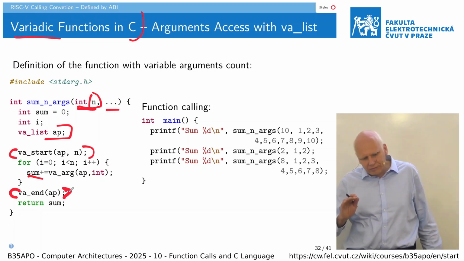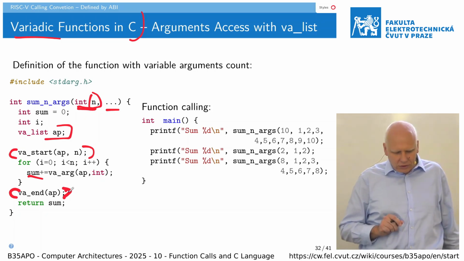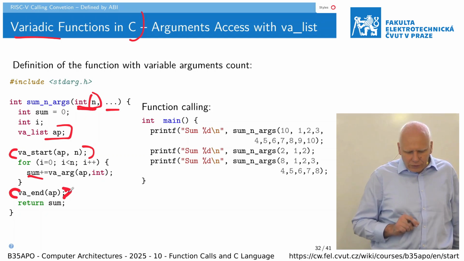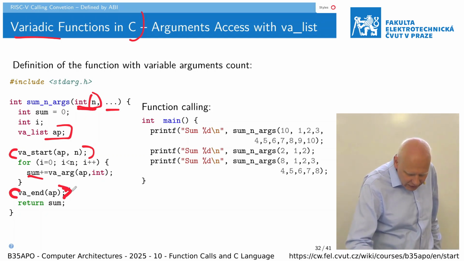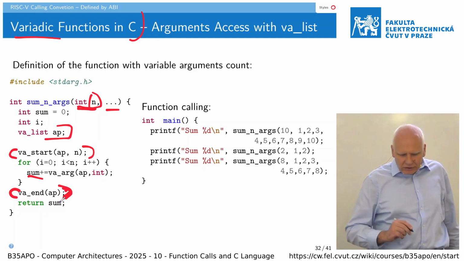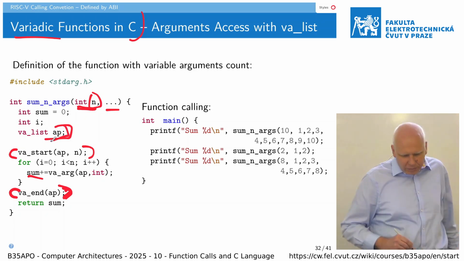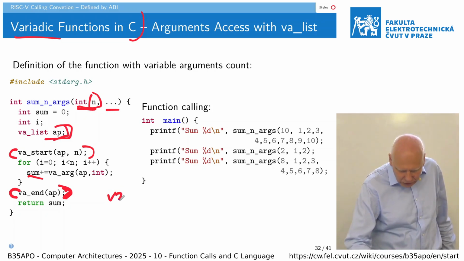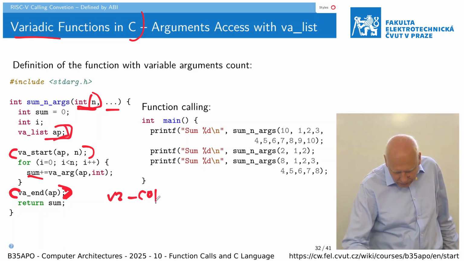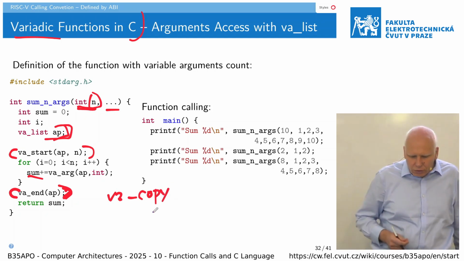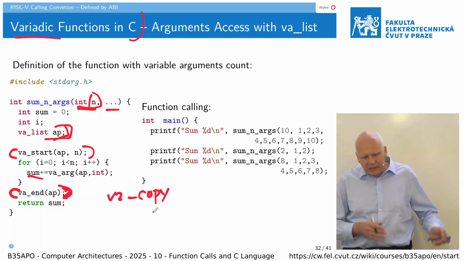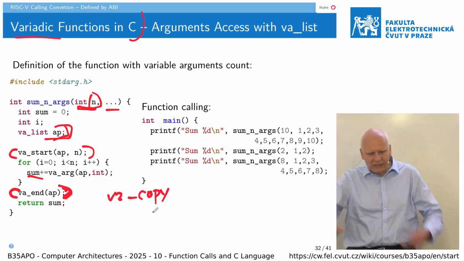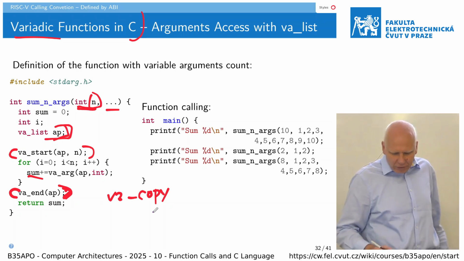In older systems it was not such big trouble if you did not end the iteration, but today you cannot even copy the argument pointer. It is necessary to use va_copy if you want to copy this list to be able to iterate again over the list.